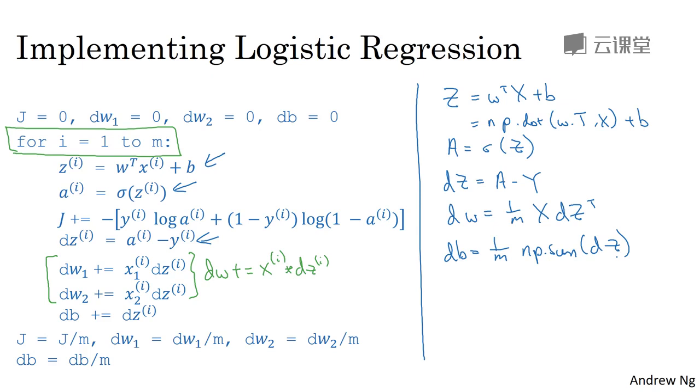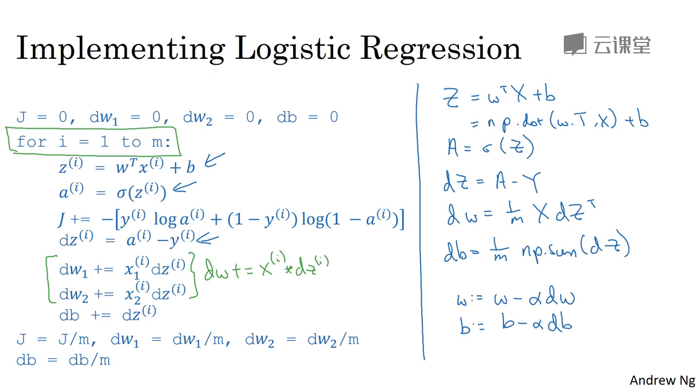So you've just done forward propagation and back propagation, really computing the predictions and computing the derivatives on all m training examples without using a for loop. And so the gradient descent update would be: w gets updated as w minus the learning rate times dw, which we just computed above, and b gets updated as b minus the learning rate times db.